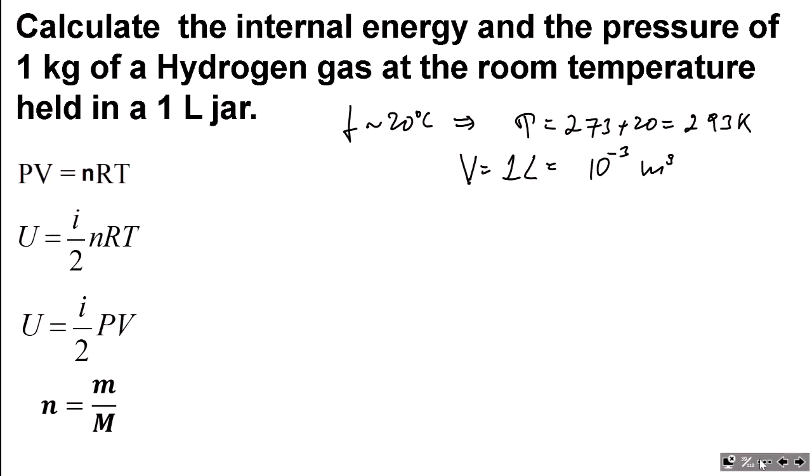And now we can immediately calculate pressure, for example, because the ideal gas law says we need to know the amount of moles. So the amount of moles should be equal to the mass of the gas divided by the molar mass. This is 1 kilogram. And the molar mass is what? You look at the periodic table.